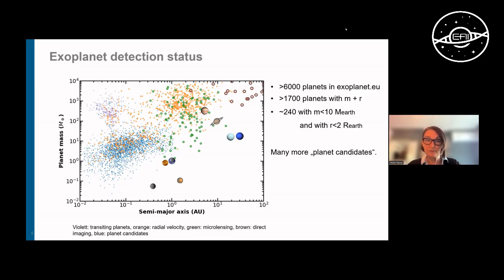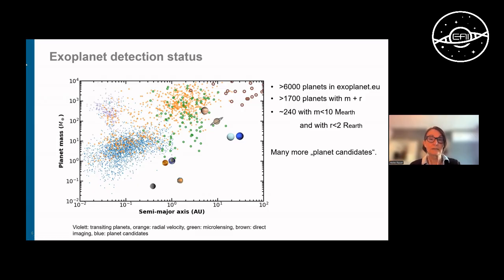Violet is the transit method. You see the transit method appears up here. It has a strong bias to close-in planets, but as we will see, with today's cutting-edge detection methods, we want to push this detection limit out to 1 astronomical unit. We'll come to that later.